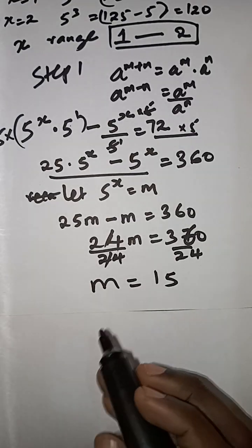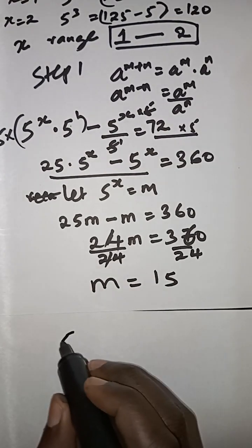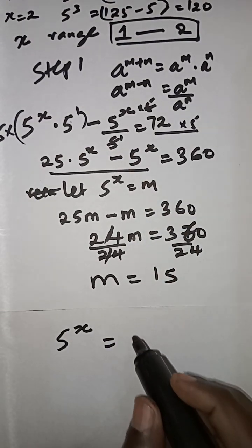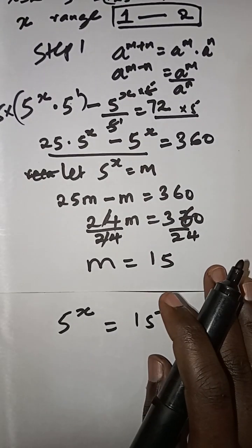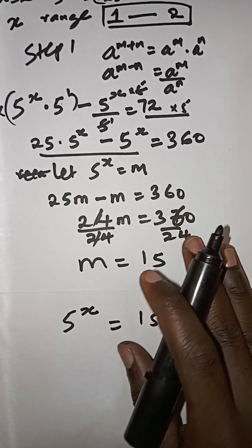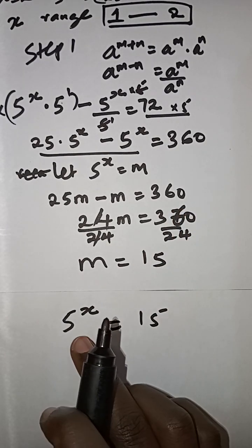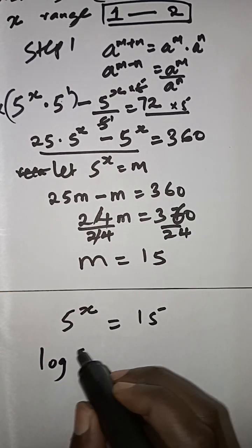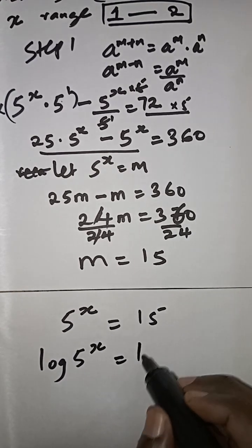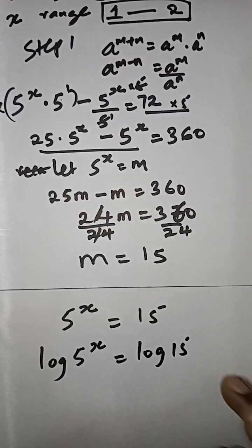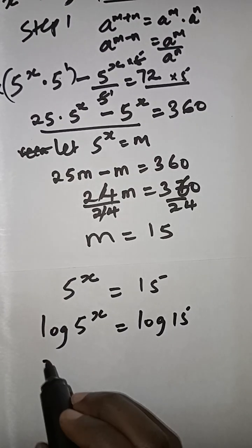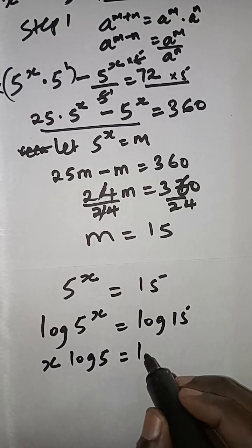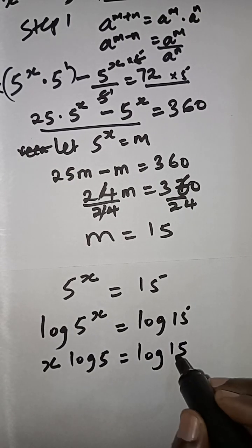So taking 5 raised to x and equating it to m, which is our 15, then we have an exponent again. And for us to eliminate this x, I'm going to introduce the log on both sides of this equation, so that I have x times the log of 5 should be equals to the log of 15.